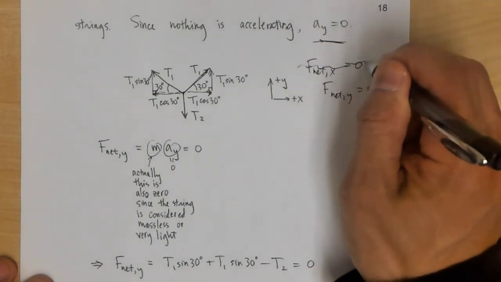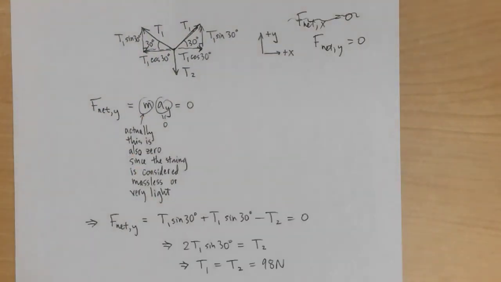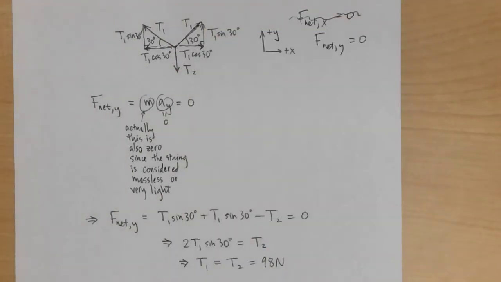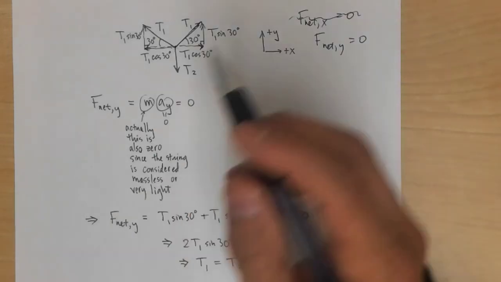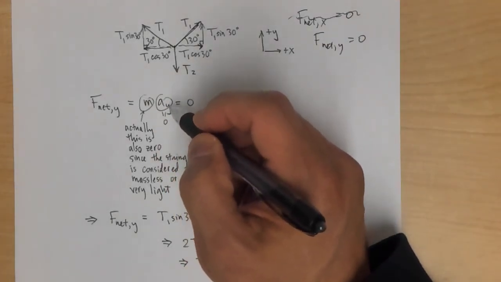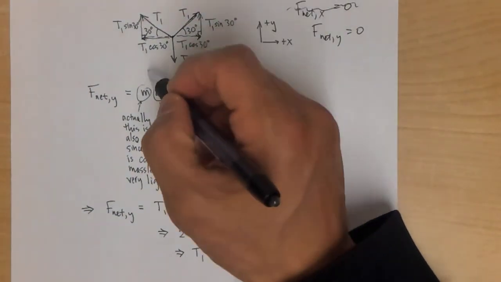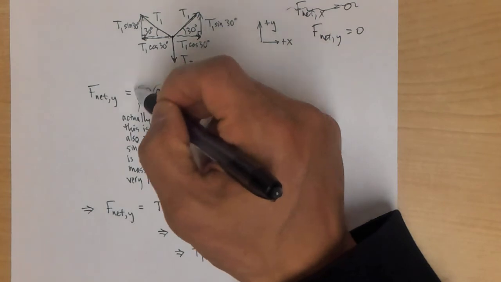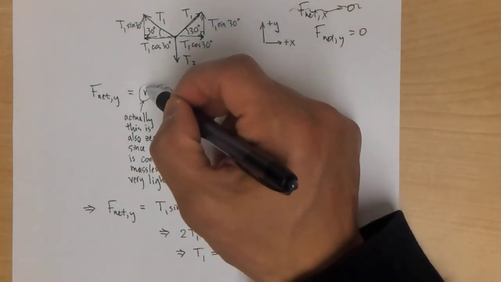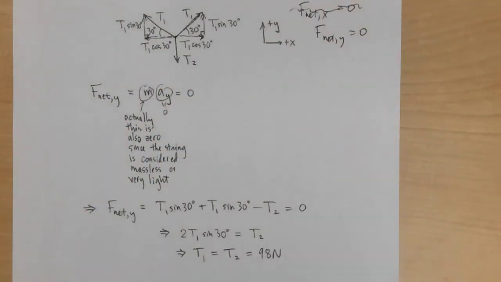So we're going to look in the y direction. We need the net force in the y direction to be 0, so the acceleration in the y direction is 0. This is also 0 because there's no mass here, so it is 0 for two different reasons: there's no mass here, and the acceleration is also equal to 0.